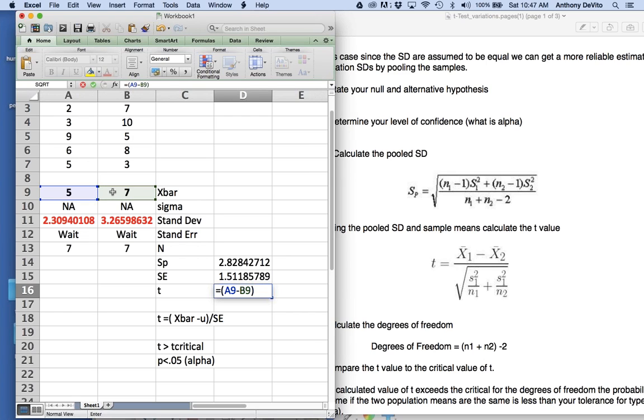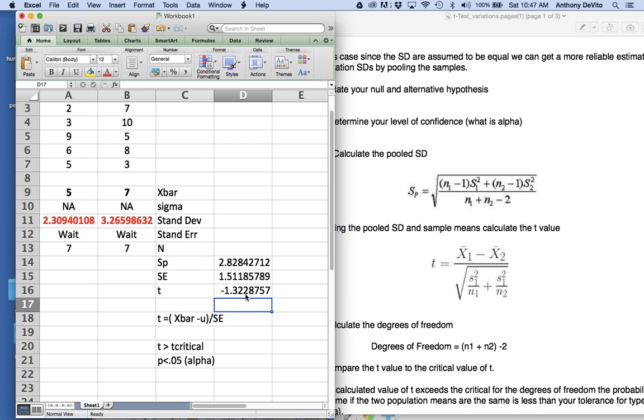The direction doesn't really matter here. We're going to use the t-score the same way either way, divided by the standard error. Again, I had to put it in parentheses so it does the subtraction first before it does the division. And that comes out to be minus 1.32.